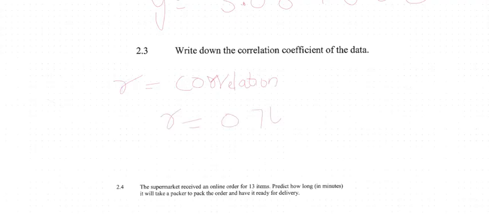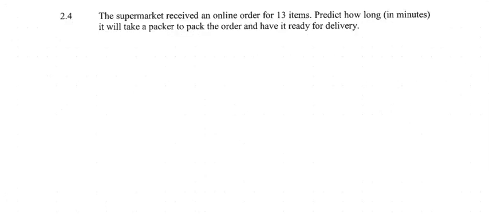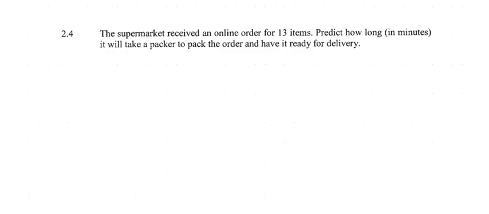So the next question is 2.4. The supermarket received an online order for 13 items. Predict how long in minutes it will take a packer to pack the order and have it ready for delivery. So we substitute the value of x, which is 13, into the regression equation from 2.2.